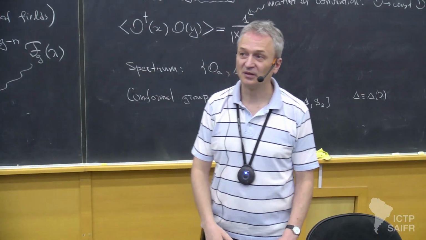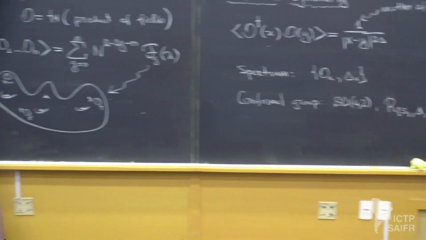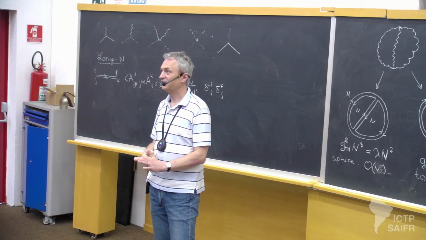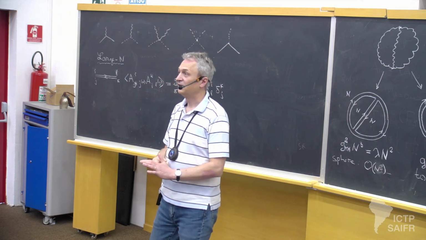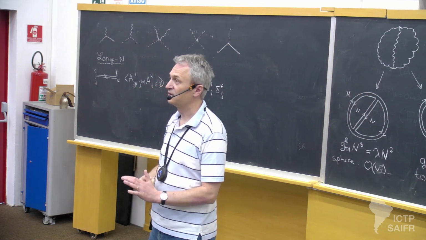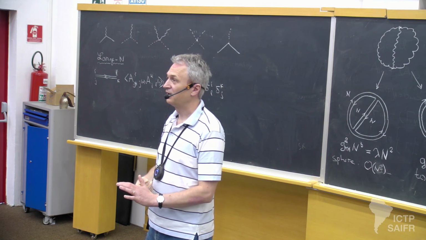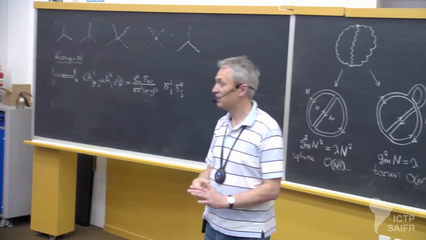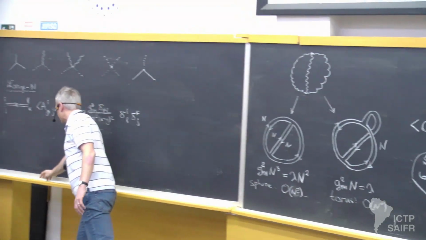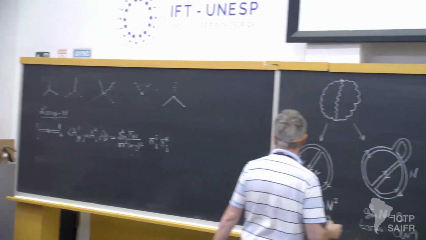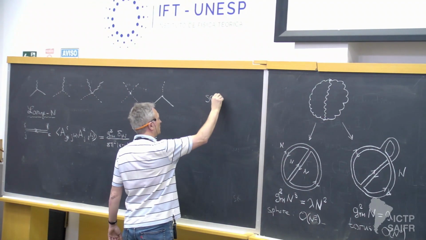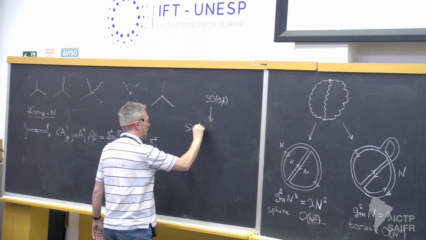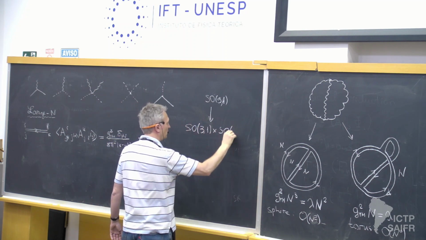There's another question. So I was a little bit lost with the dimensions. You said you have the conformal group in 4 dimensions, right? Yes. And right now in super Yang-Mills we're talking about 10 dimensions. What happens with the dimensions? Yeah. So let me repeat again. We start with 10 dimensions where the symmetry is SO(9,1). Then in 4 dimensions we have this symmetry.